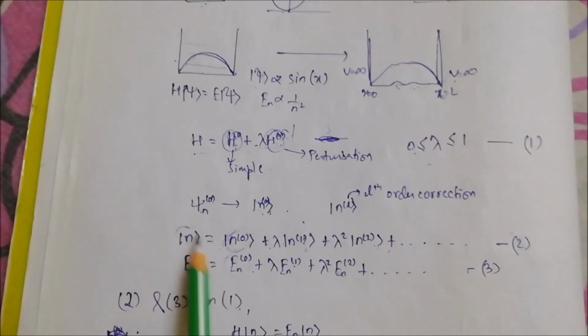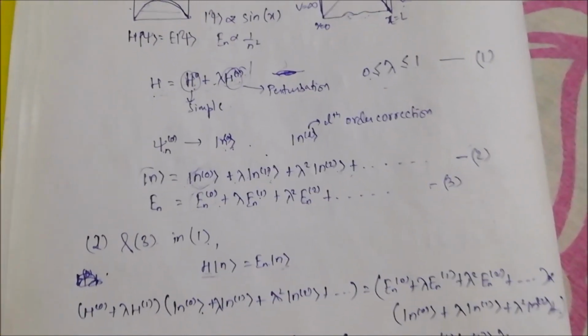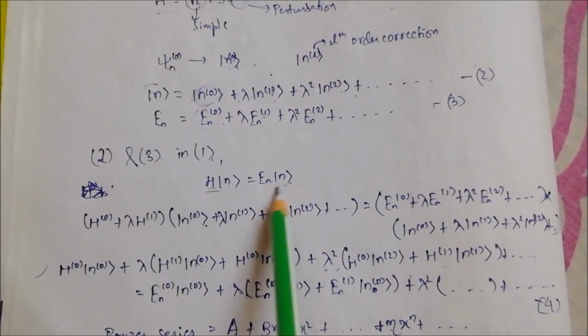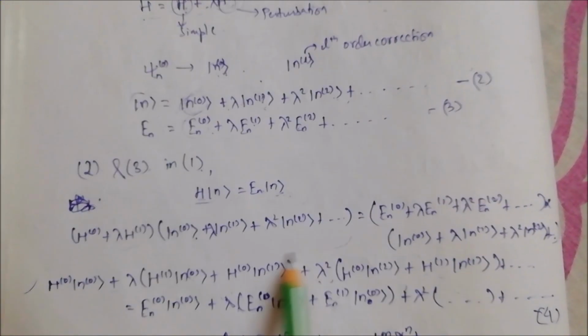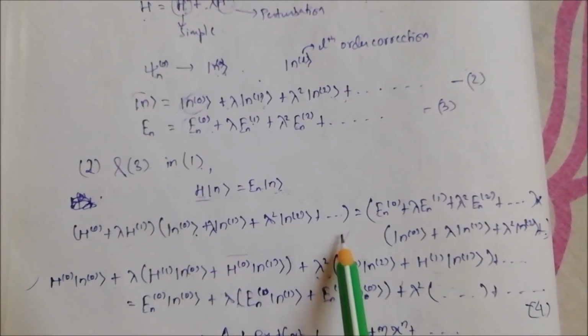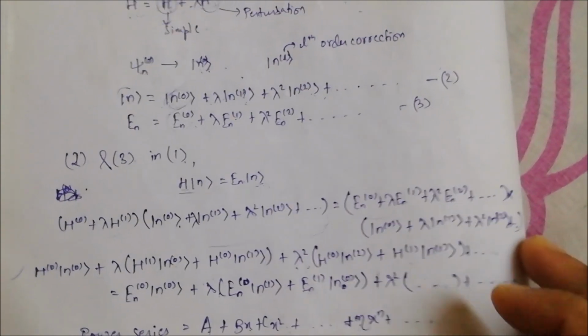So we plug this in to solve the stationary Schrodinger equation, H psi n equal to E n psi n. This is our H, this is our expanded energy, and this is our expanded wave function.